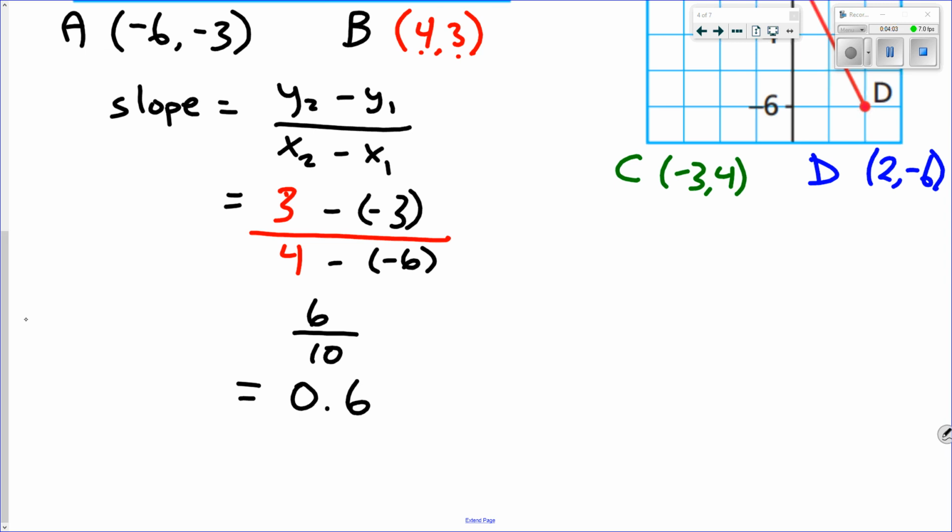So let's do the same thing over here for points C and D. Slope equals y2 minus y1 all divided by x2 minus x1.